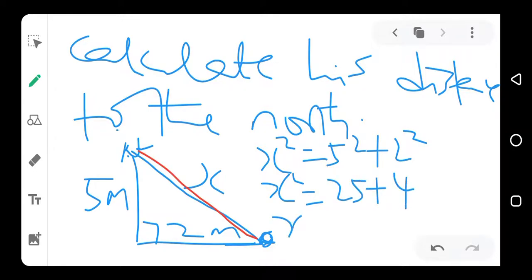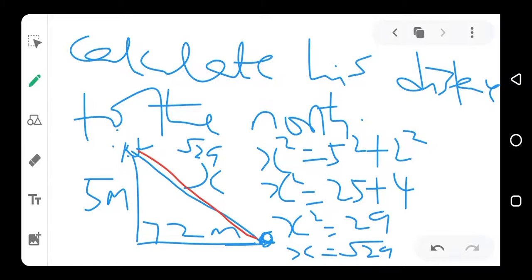Then x squared is equal to 29 and x is equal to root 29. So the person is root 29 meters away from the north. So that is how to calculate this.